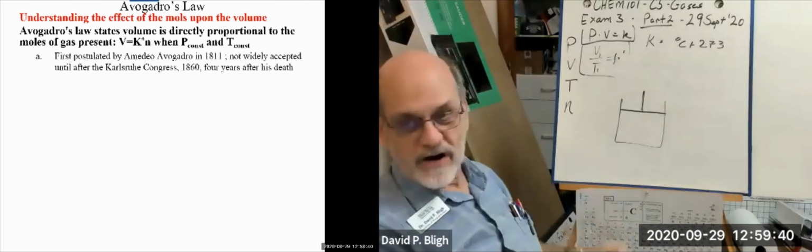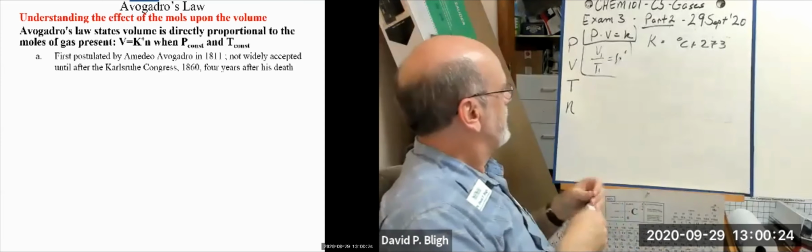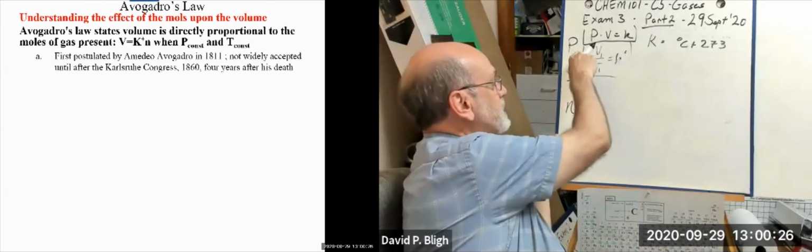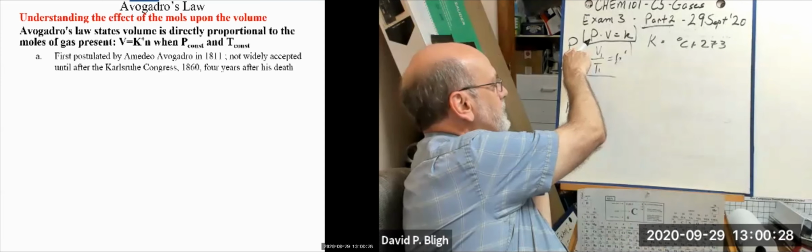Now let's go to Avogadro. Avogadro now is relating volume and moles, these two. So pressure and temperature are constant, and we allow volume and moles to be our variables. And they are also directly related.